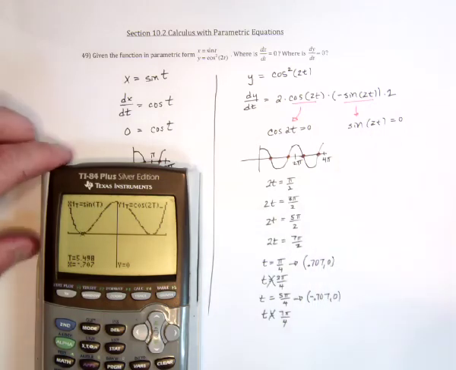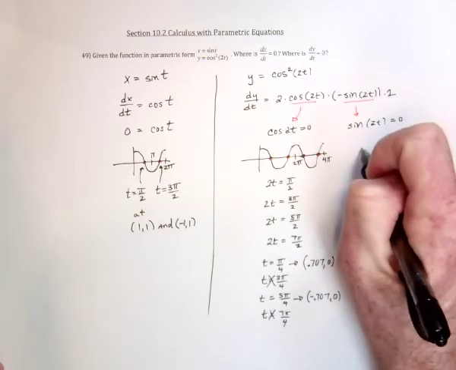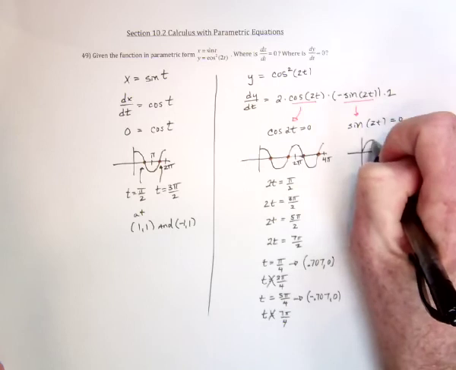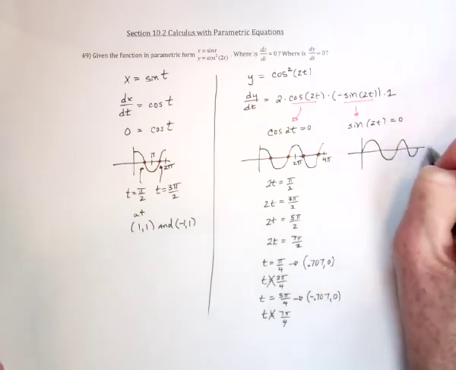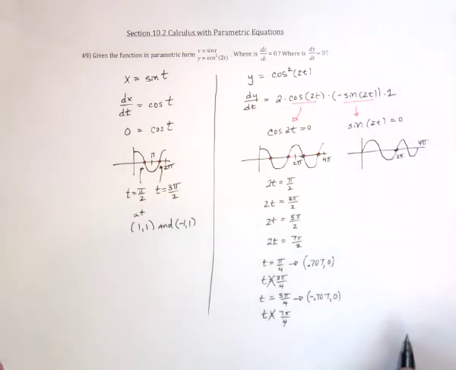So when does sine equal 0? And again, because of the 2t, we'll have twice as many answers as usual. So follow sine out for 2 cycles. And then where that equals 0 is going to be the multiples of pi.